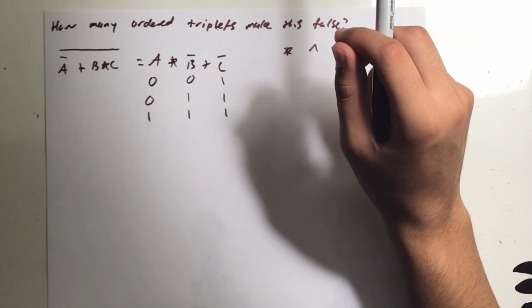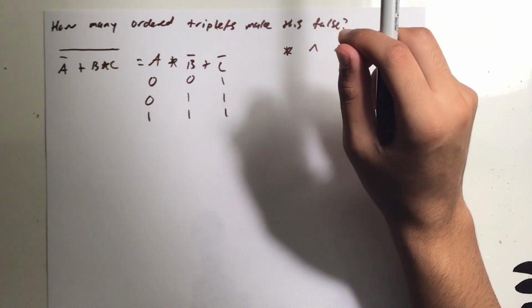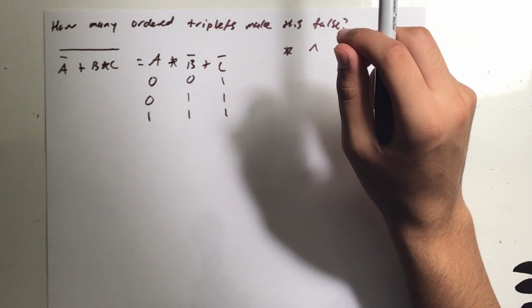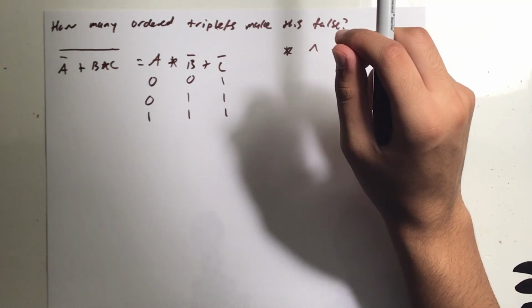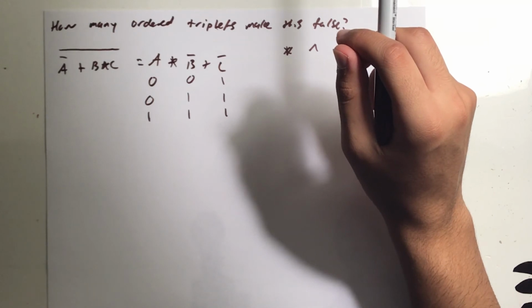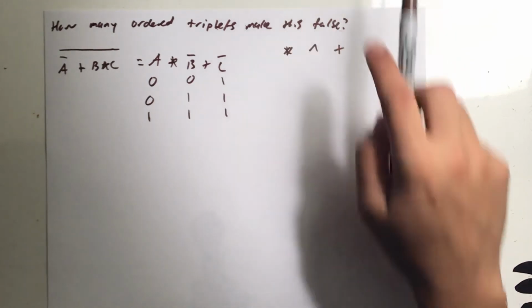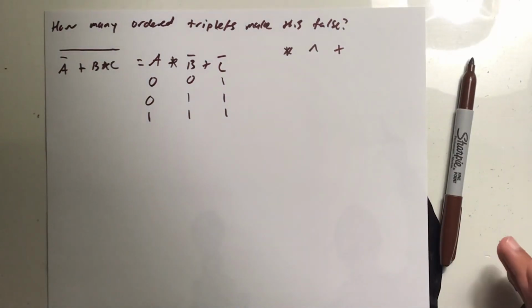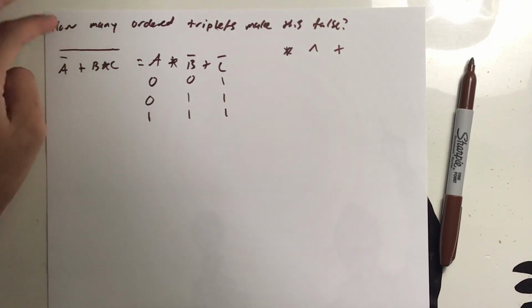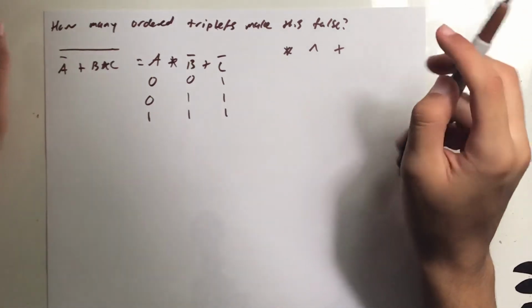That's weird. The answer is 5, but I think the answer is 5. I didn't even check. Oh, there's no time. Never mind. Forget about this question. Oh my god, I'm sorry guys.